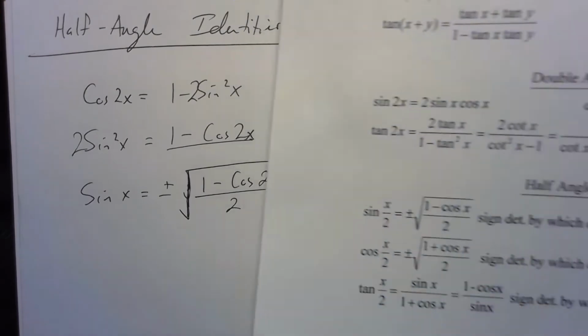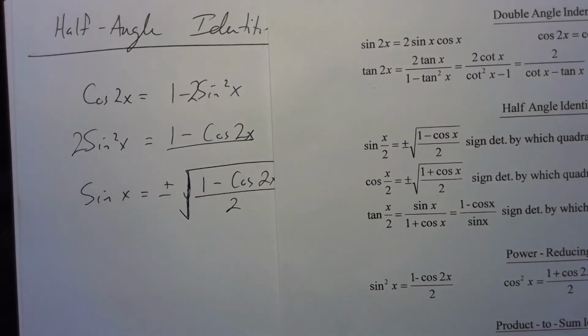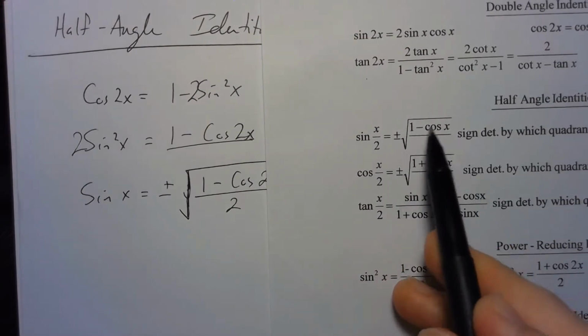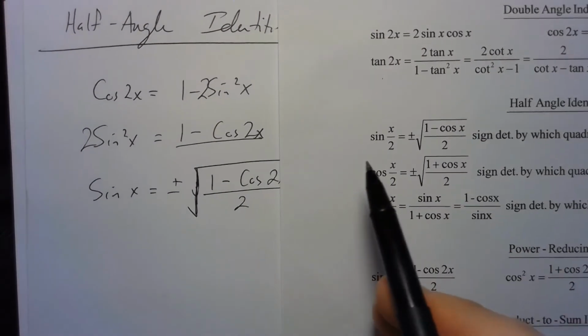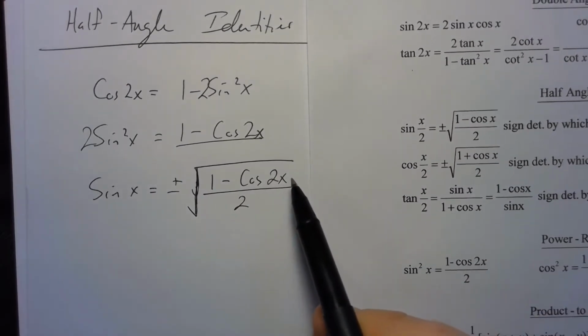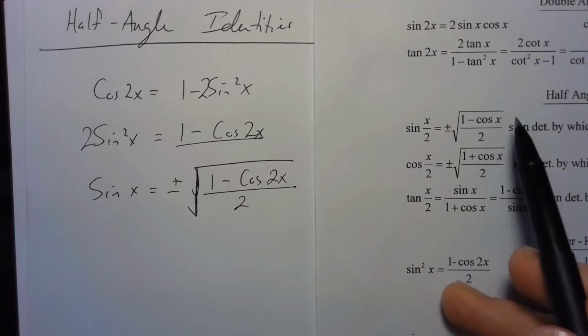Well, at this point, you might look at your formula sheet and say, but that's not a half-angle identity. And you're correct. The identity there is sine of x over 2 equals plus or minus the square root of 1 minus cosine of x, all divided by 2. But you'll also notice that technically this x and this 2x have the same relationship as this x over 2 and this x.